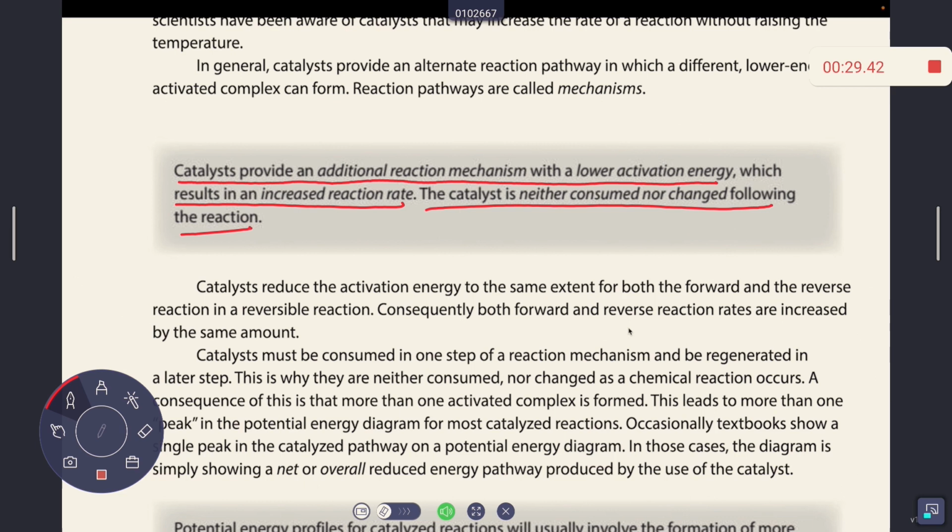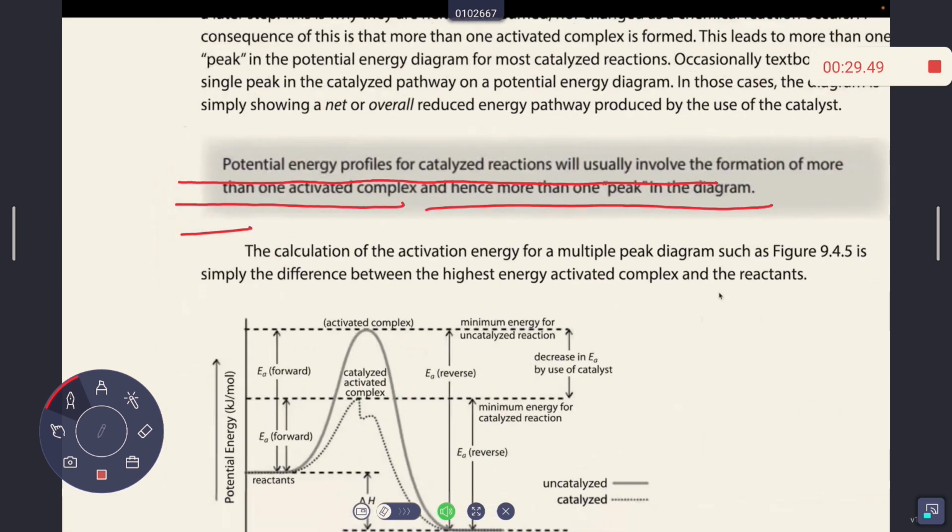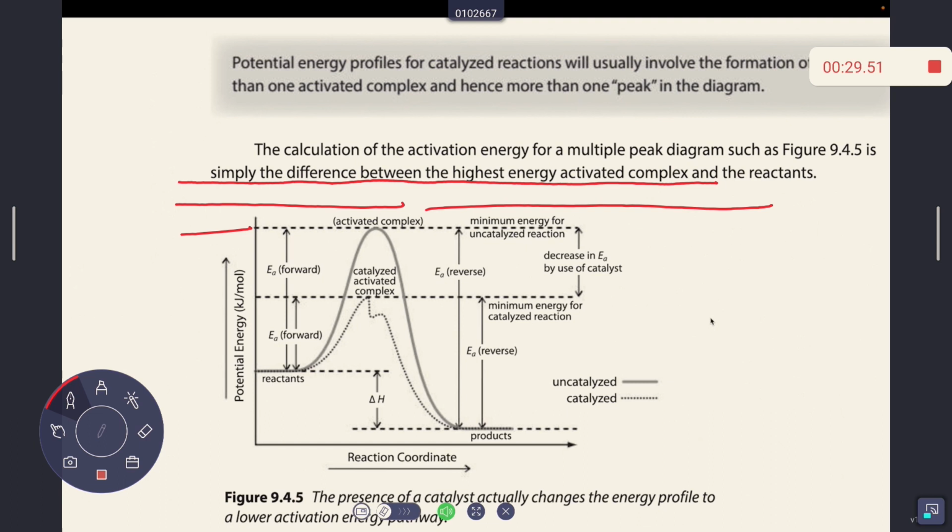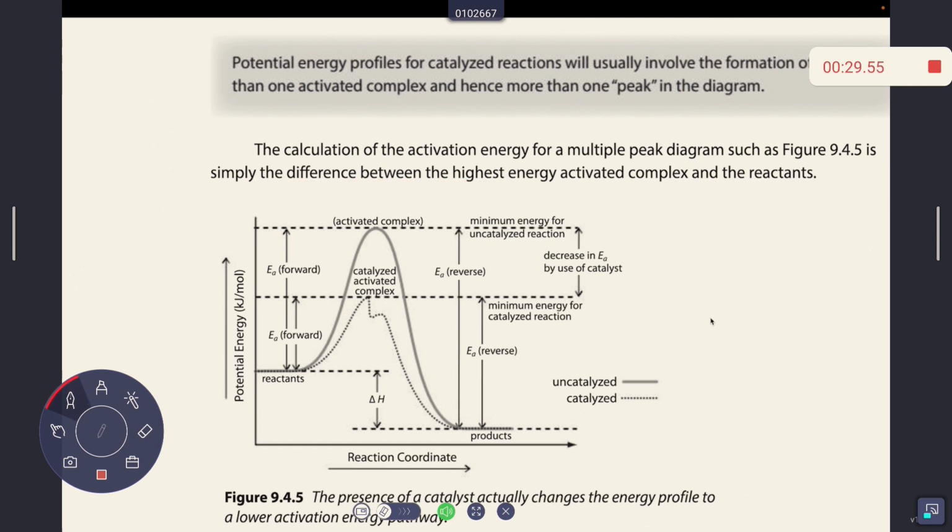So how does this look on a potential energy diagram? Well, if you take a look at the potential energy diagram down here, a lot of potential energy diagrams in intro textbooks will show you a catalyzed reaction line.